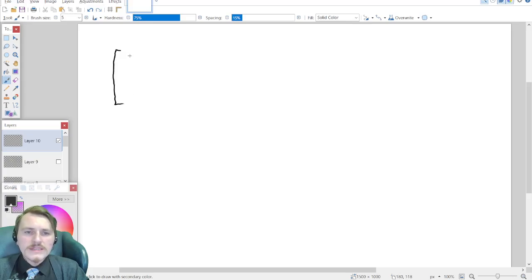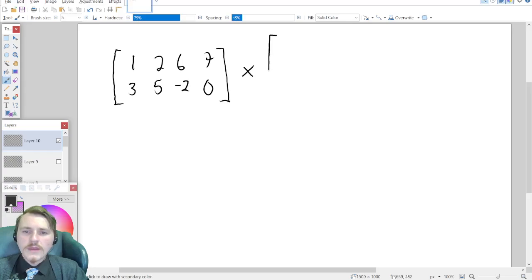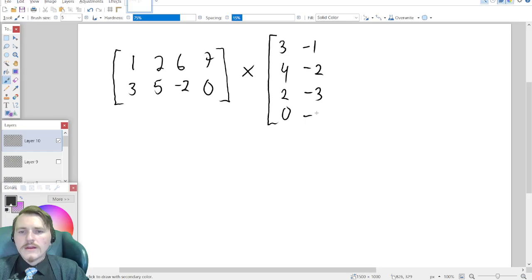We'll do a multiplication on a matrix that is 1, 2, 6, 7, 3, 5, -2, 0, times a matrix which is this big: 3, 4, 2, 0, -1, -2, -3, -4.